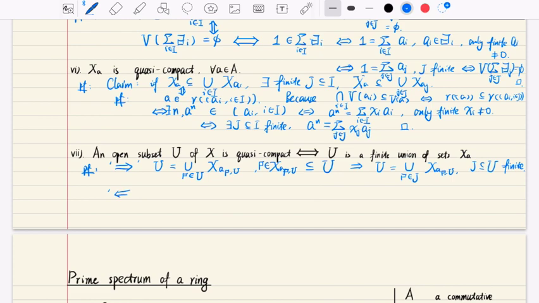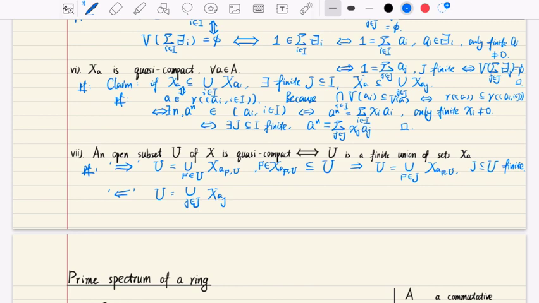The if part is also very simple. We can see like U is a finite union of XAj, and you need to remember each XAj is quasi compact, and a finite union of quasi compact subsets will give you a quasi compact set directly by the definition of quasi compact.